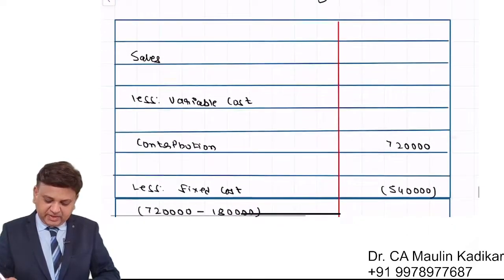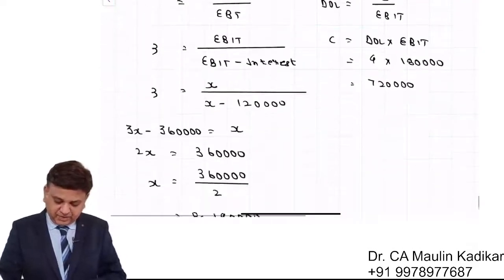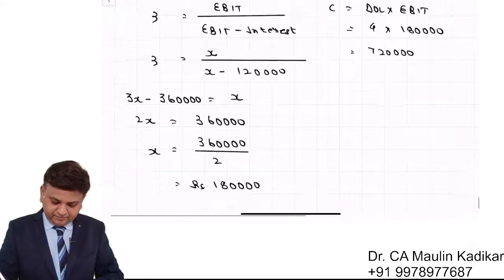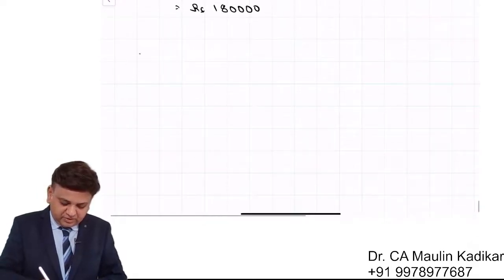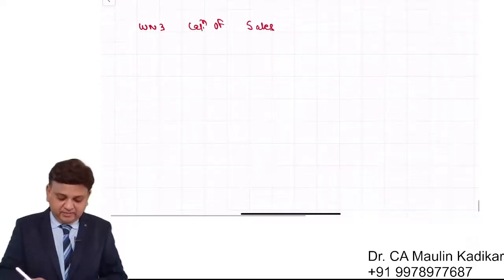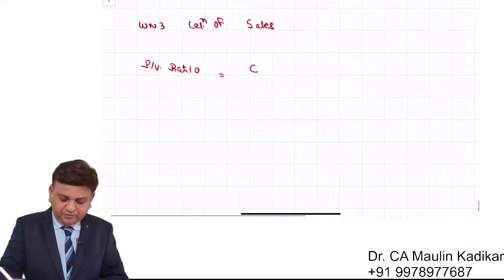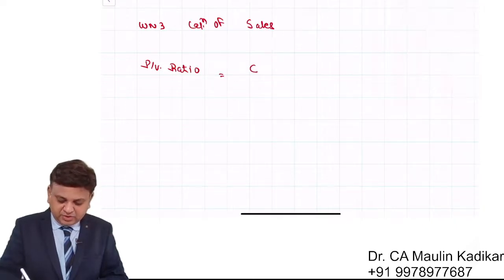For the sales value calculation, we have to use the formula for profit volume ratio. So next, working note number 3, calculation of sales. In that, profit volume ratio is contribution upon sales into 100.